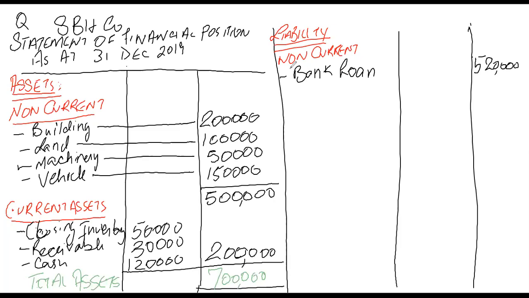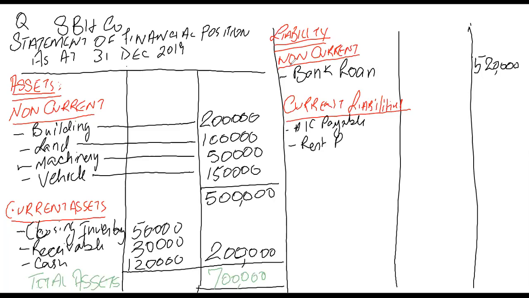Now let me draft the current liabilities. Let's suppose the current liabilities of the company are accounts payable, rent payable, and interest payable.